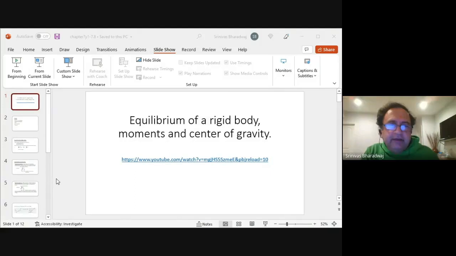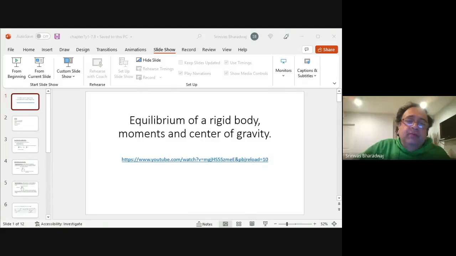If you put a big boy on one side and a little boy on the other, because the distances are proportionately different, the little boy may actually be able to balance out the big boy.